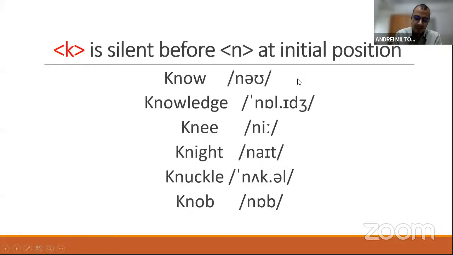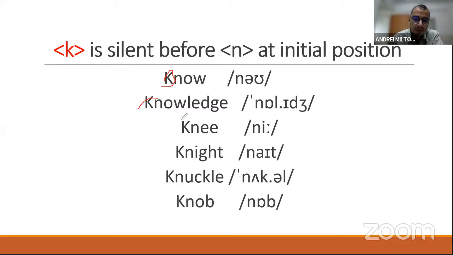Now K sound, right? It is silent before N at the initial position. So remember, initial position, and this is a very clear rule, and it will always be accurate. So K you do not pronounce here. We say just no, knowledge, knee, night, knuckle, or knob.